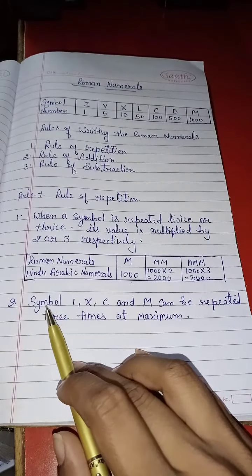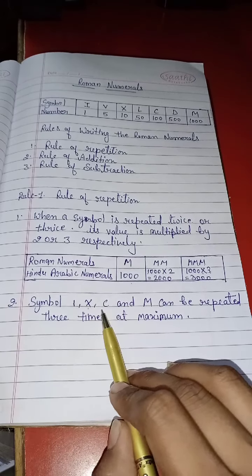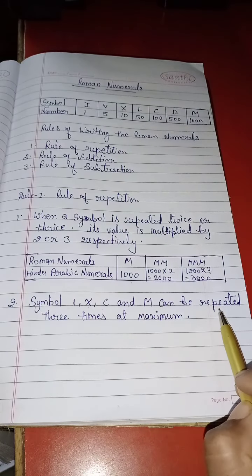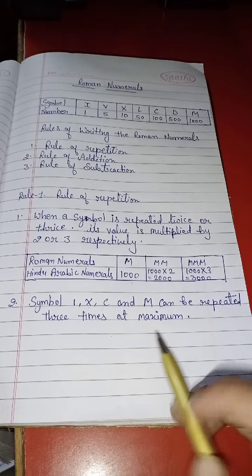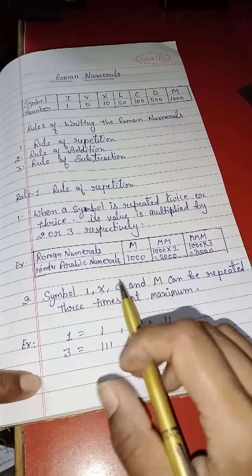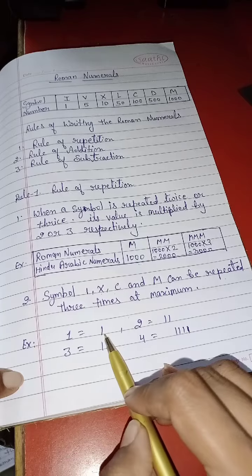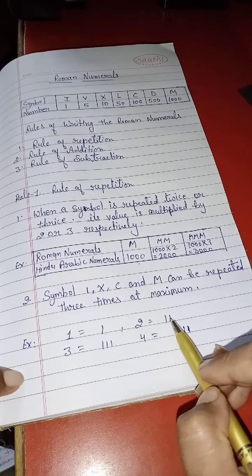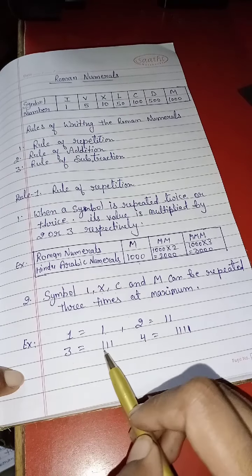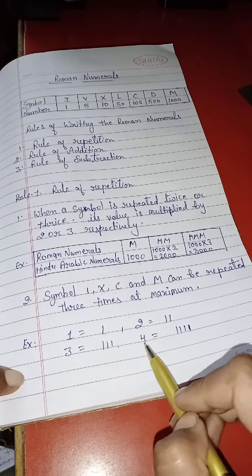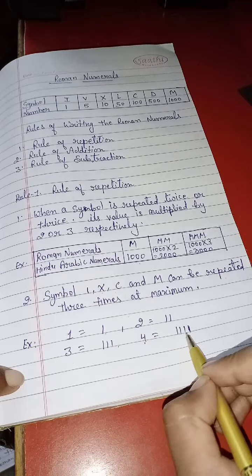Second point, symbols I, X, C and M can be repeated 3 times at maximum. For example, 1 is equal to I, 2 is equal to II, 3 is equal to III and 4 is equal to IIII.